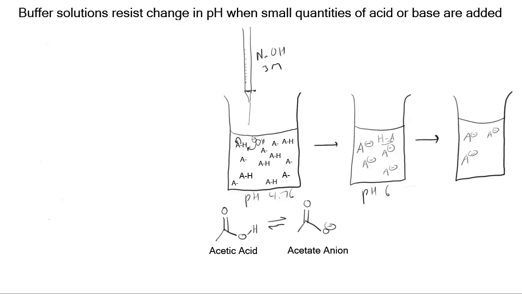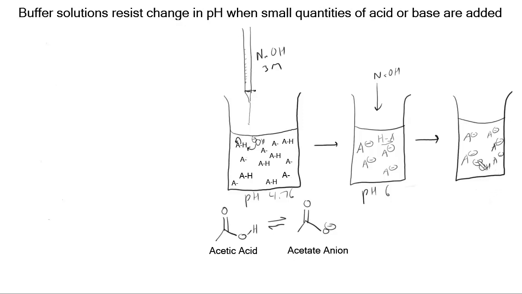If we were to keep adding sodium hydroxide to the solution, eventually all of our acetic acid buffer would run out. So we would deprotonate all of that acetic acid buffer, meaning that now we only have acetate anion in solution, and eventually then sodium hydroxide, so our hydroxide anion, would also be in solution.